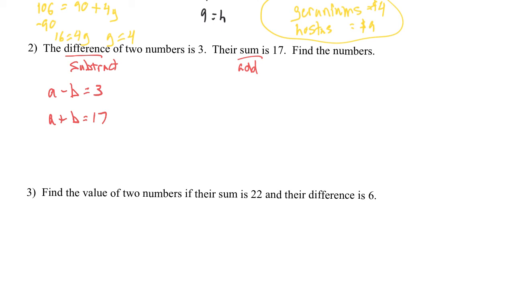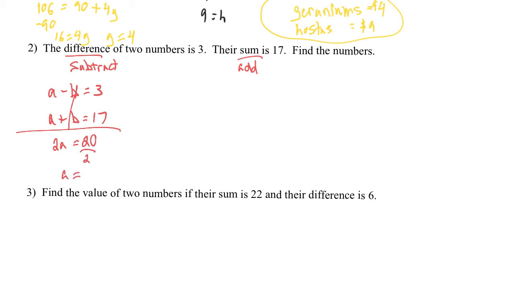And then you just solve the system. Notice that the b's are already opposites, so those will just eliminate. So we have 2 times a equals 20, and then we solve that by dividing by 2.